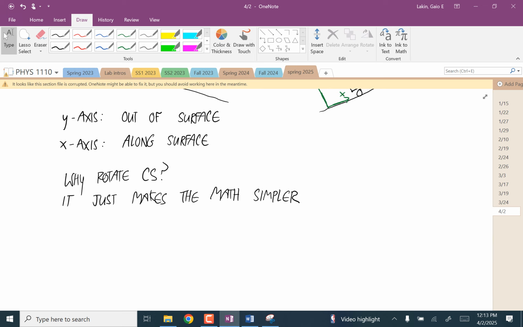I want to do a cost-benefit analysis of what are the things that get easier and what are the things that get more complicated. So you can see that this works in our favor.